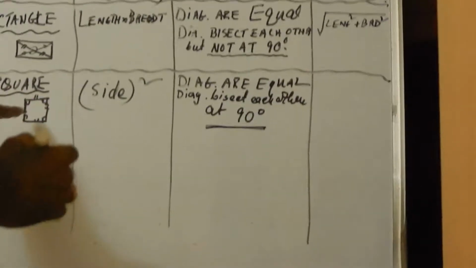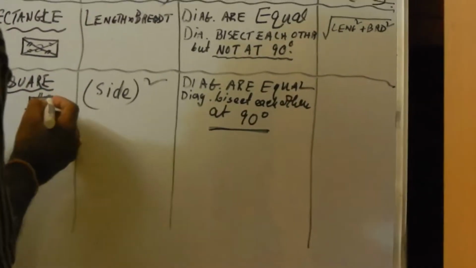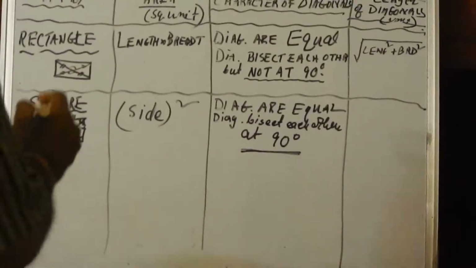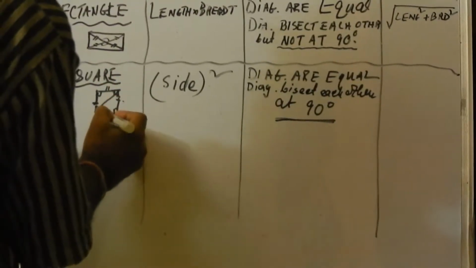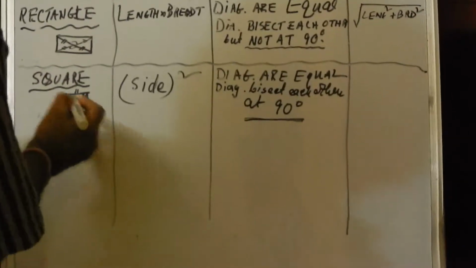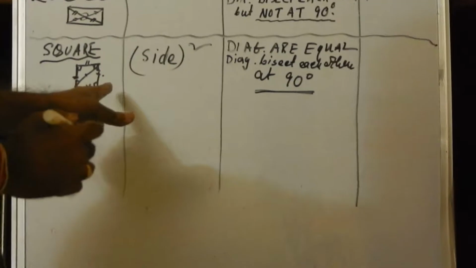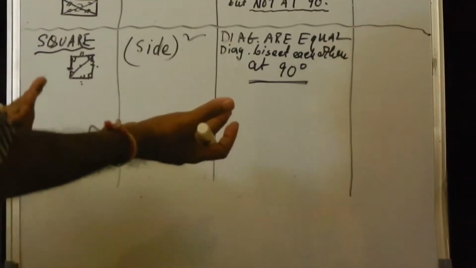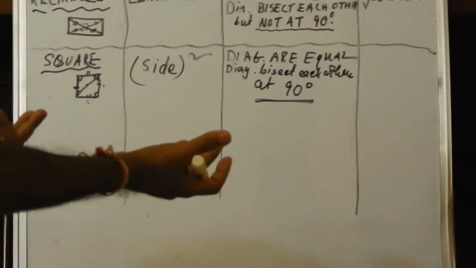And now comes the length. Here also you can easily find out the length of the diagonal. So the hypotenuse square equals length square plus breadth square, but here length and breadth are both the same.